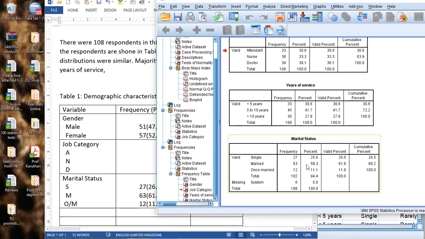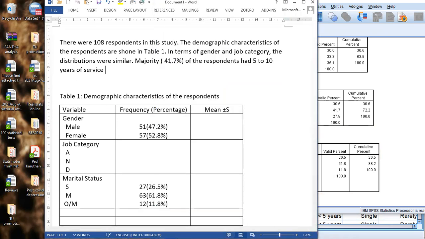Marital status? 58%, married, right? Yes. Highlight what is glaring, what is so different.